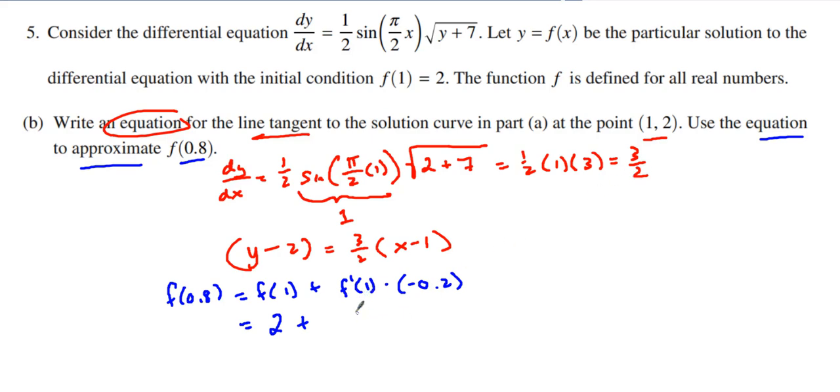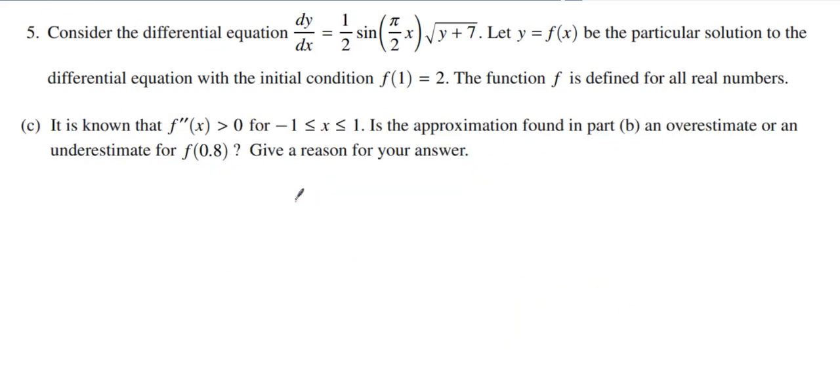F prime of 1 we know is 3/2. And negative 0.2 is negative 2/10 or negative 1/5. You can see why I called that negative 2/10. The 2's cancel out, and you're left with 2 plus negative 3/10, or 2 plus negative 0.3, which is 1.7, which is our approximation using this value.